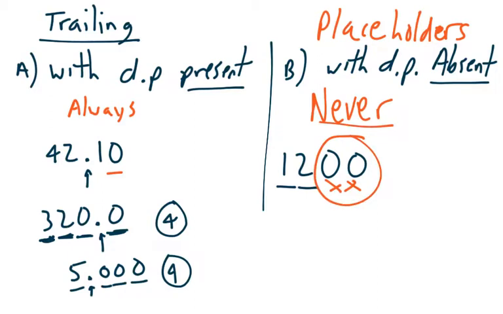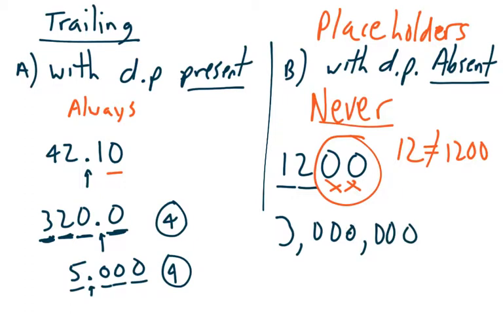Because if I don't put them, the number 12 and the number 1200 do not have the same value. The zeros are there as placeholders to provide the correct value, but the zeros were not part of the measurement. That's why they're not significant. Let me give you another example. Let's say we had the number 3 million.